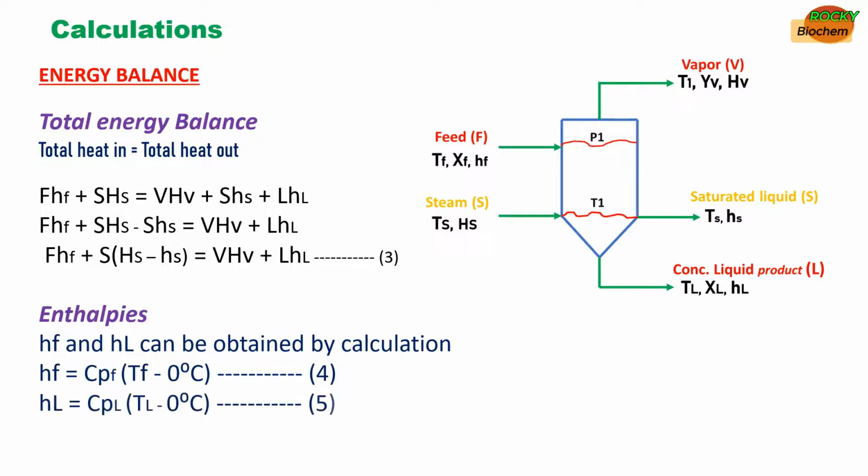And if you want to get the enthalpy of the concentrated liquid product, you just have to multiply the specific heat capacity of your exiting product by the temperature of the liquid product, which I said is the same as the temperature inside the chamber, which is T1. So you just fix in that temperature, and then you multiply by your constant, which is the CPL, and then you are good to go.